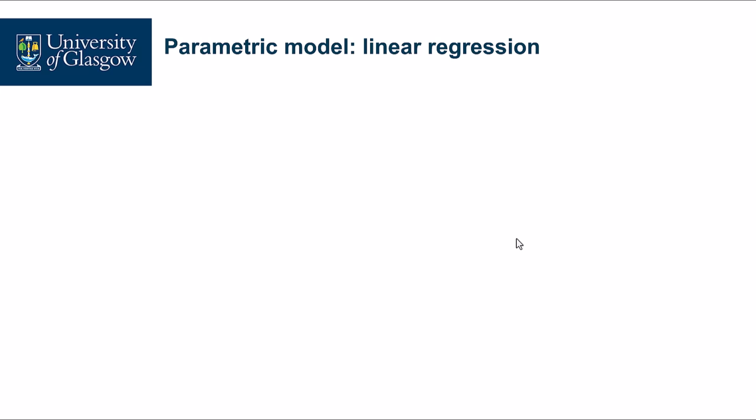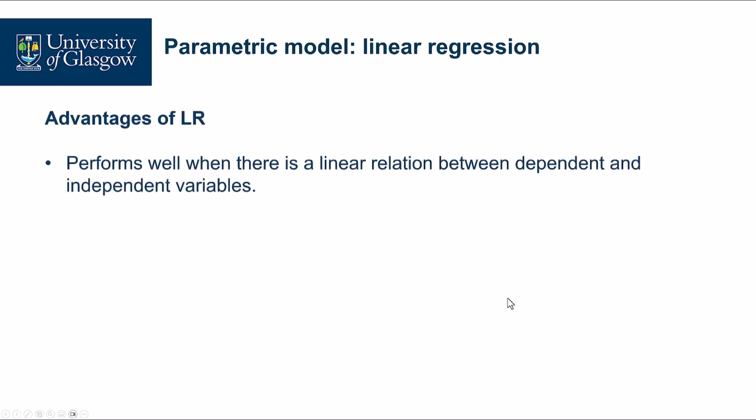Now let's summarize the advantages and drawbacks of linear regression. The advantage is that linear regression works well when the relation between the dependent and independent variables is linear. We don't have interaction terms, for example X1 multiplied by X2. All of them follow a linear relation. In this case, linear regression should provide us a good result.